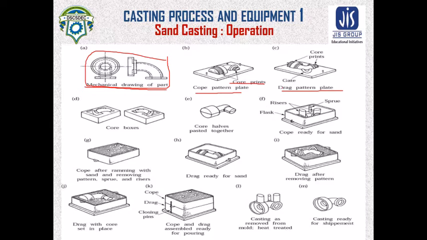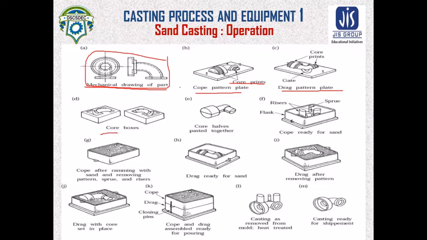The gating system is incorporated in the drag part. Okay, so now core prints are incorporated in both the parts, in cope pattern and in drag pattern. Now by these two patterns, by molding we can make core box.